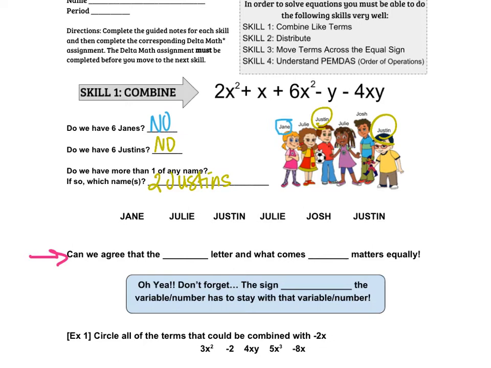I've taken all the girls and combined them as one like term, and all the boys as one like term. So in this scenario, it makes sense to say we have 2 Justins. We can group these 2 together, where the other 4 kids don't belong in that group. And that should be common sense.